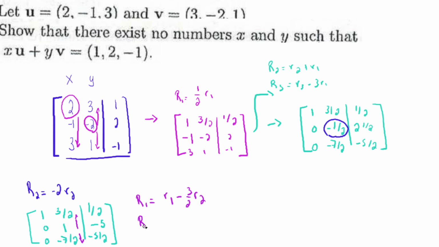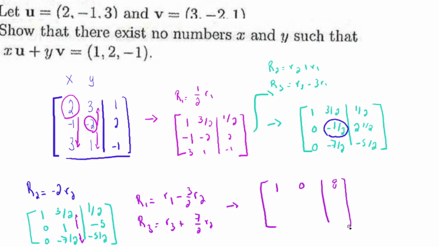And then our new row 3 is equal to our old row 3 plus 7 over 2 times row 2, because -7 over 2 plus 7 over 2 is equal to 0. So now we get 1, 0, and here we have 1/2 minus 3 over 2 times row 2, which is -5, and we get 8.